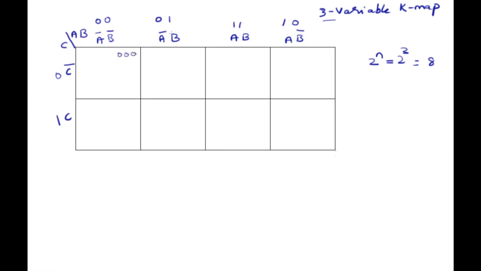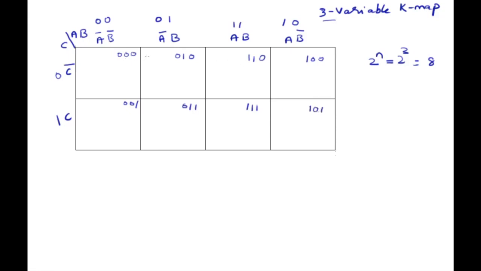In this cell you have 0 1 0. In this cell you have 1 1 0. Here 1 0 0. What about this cell? Here you have 0 0 1, 0 1 1, 1 1 1, 1 0 1.